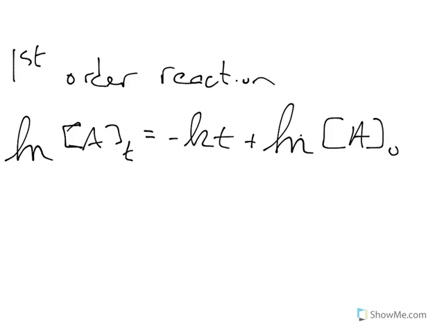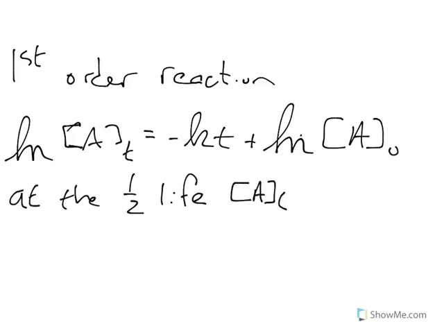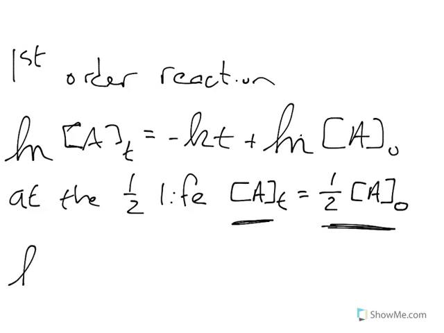So we can actually state something at the half-life: the concentration at time t is equal to 1/2 the concentration of A0. That's the definition of the half-life. Our concentration, A at t, has fallen to 1/2 of the original concentration. So we can plug our new A at t value into that first-order integrated rate law.